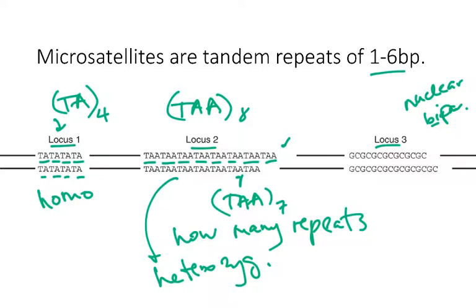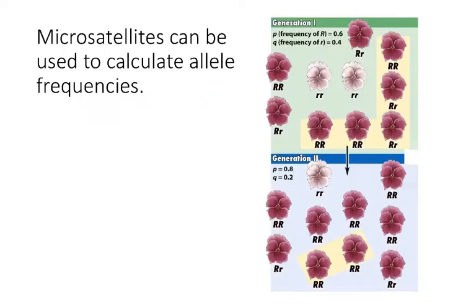Just like with PCR we talked about before, primers are also used to study microsatellites. These black bars shown here in between those microsatellites, that is where you would have a primer binding to amplify this particular region we're interested in.